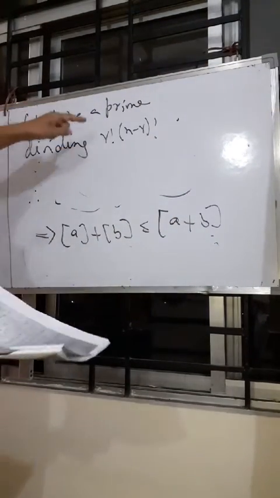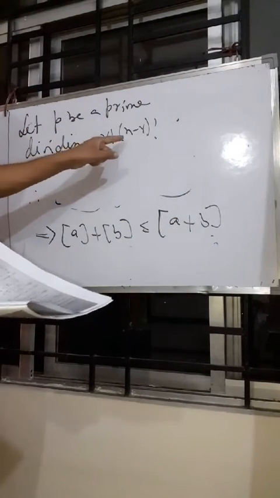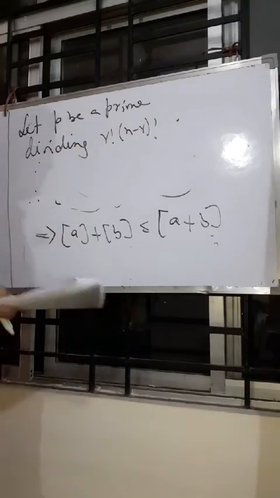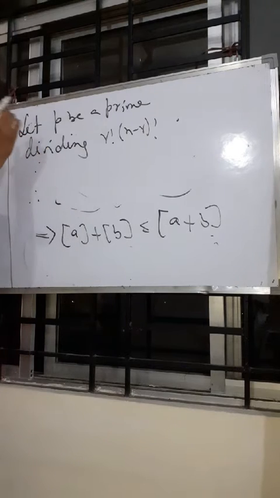So let p be a prime which divides factorial r multiplied by factorial n minus r. Now we must get that this p will divide factorial n also.